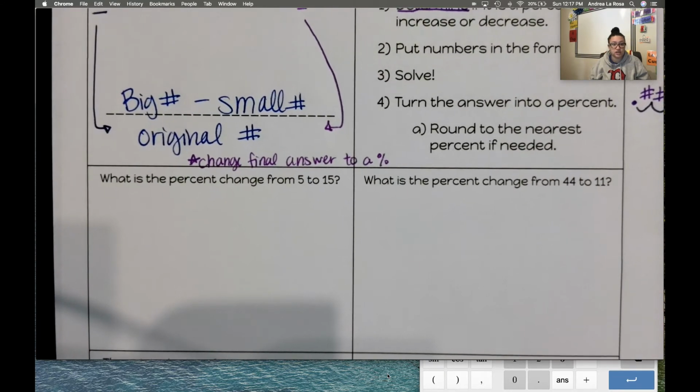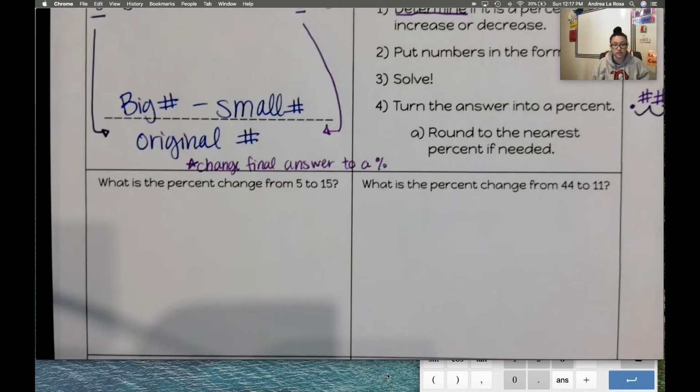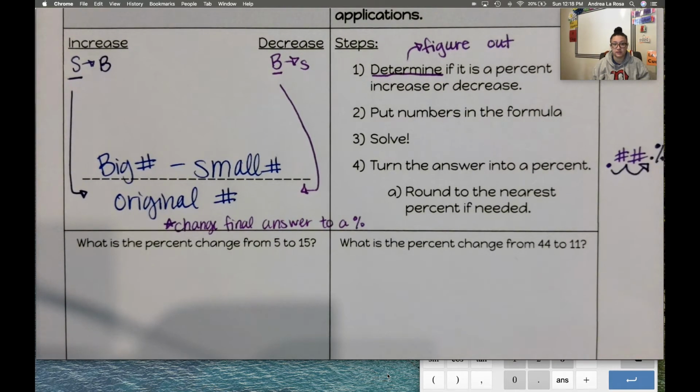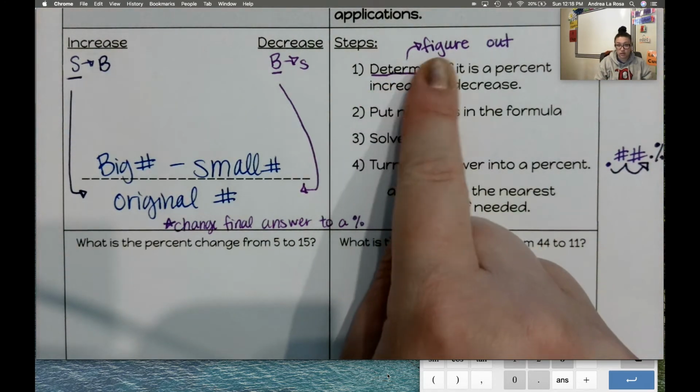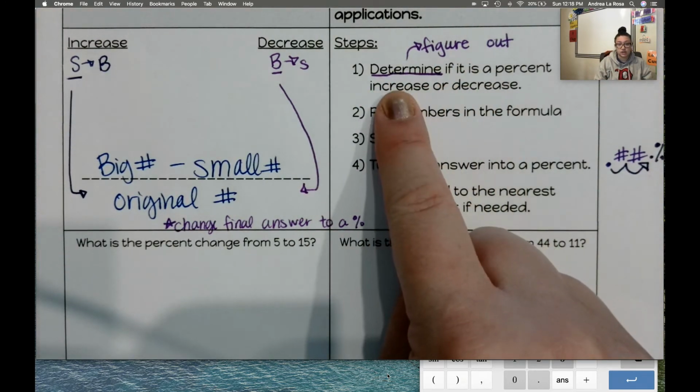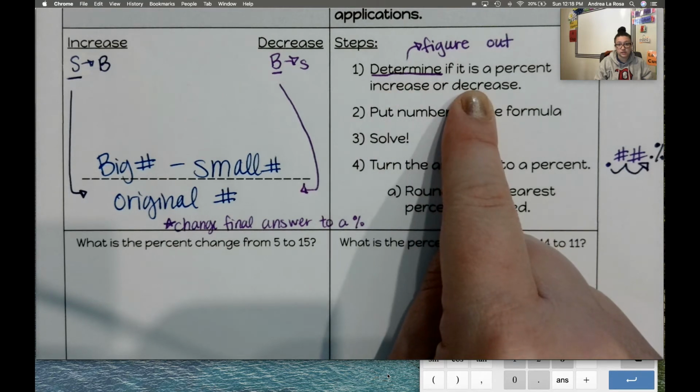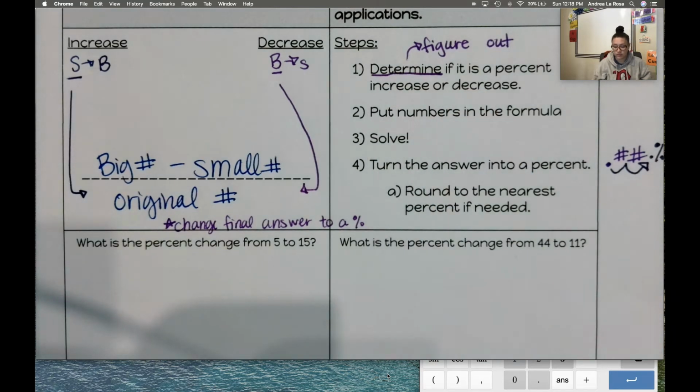This first question says, what is the percent change from 5 to 15? First, we need to figure out, is this an increase or a decrease? 5 to 15, is that an increase or a decrease?